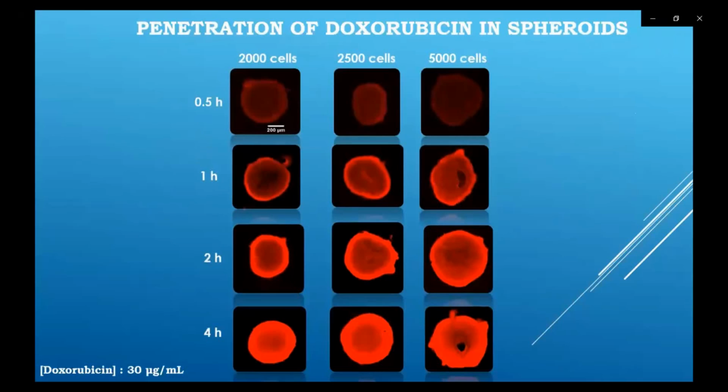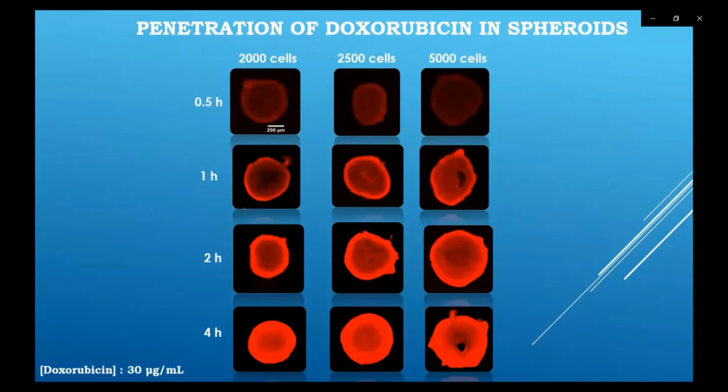After this, we also wanted to see the level of penetration of doxorubicin, because doxorubicin, a classical compound used in chemotherapy, is fluorescent and also red. We wanted to see the level of penetration because it can interfere with our viability test, especially the MTT test, which is an absorbance test, because doxorubicin makes the spheroids red.